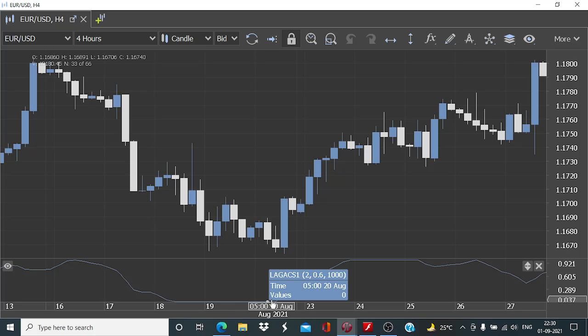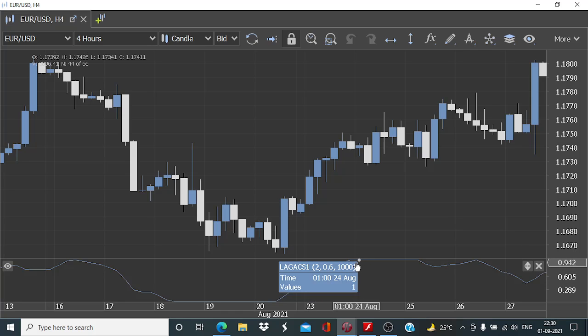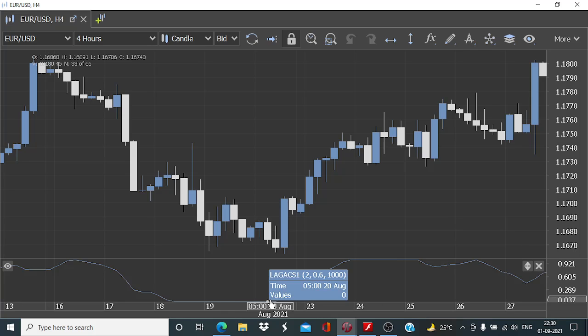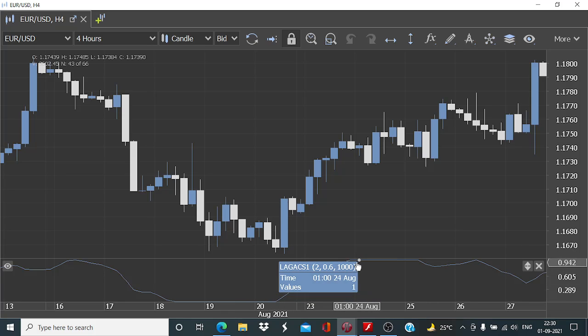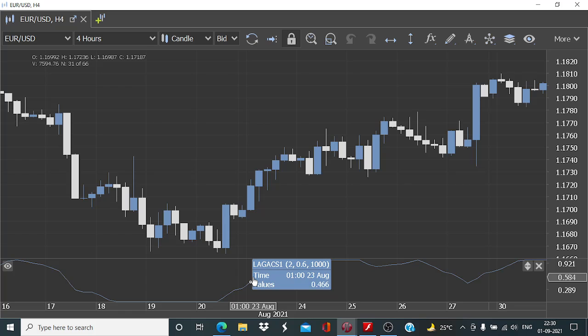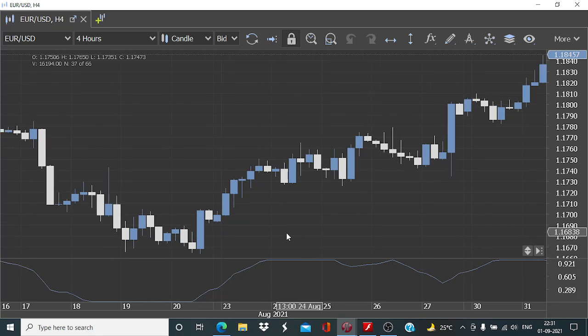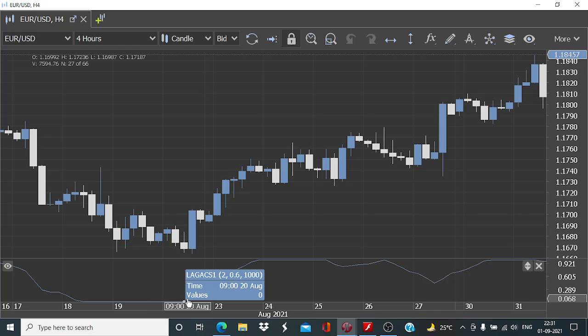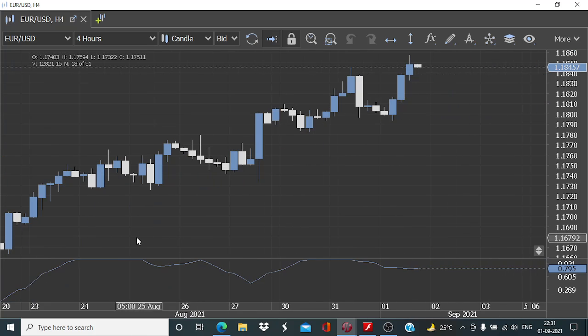You might be aware that this Laguerre ACS output value is bounded between 0 and 1. So it is not an unbounded indicator, it is rather a bounded indicator, and its output value can only vary in between these two extremes. We will be taking 0.5 as the dividing line. Above 0.5 can be considered bullish, and below 0.5 will be considered bearish.